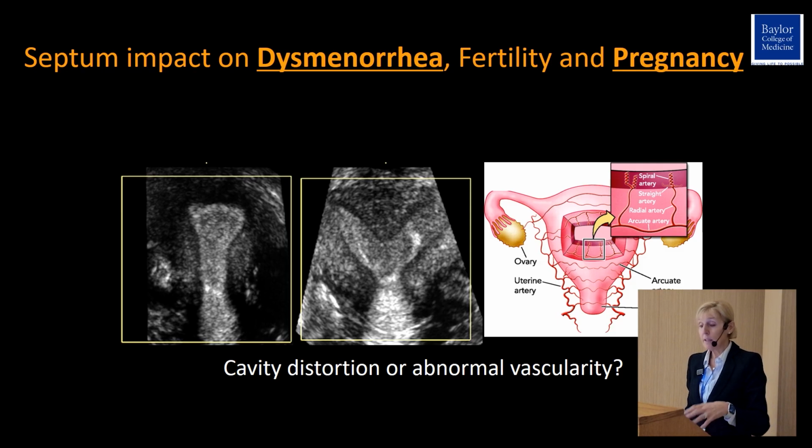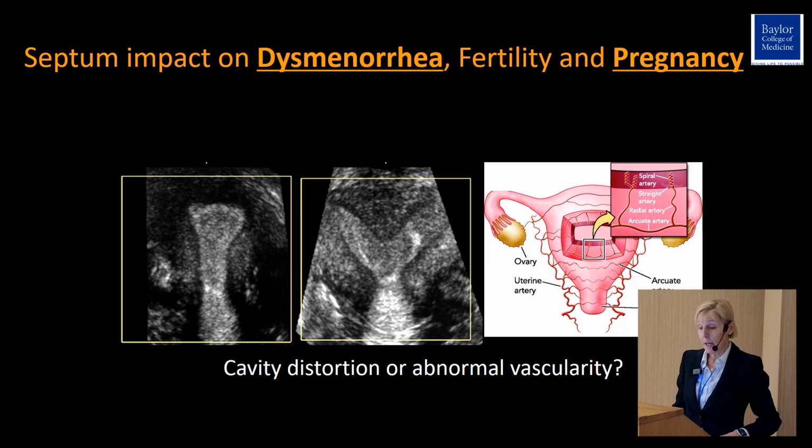That's why typically pregnancies in septate uteri end in a miscarriage or early loss, typically around 7 or 8 weeks gestation, which is when the placenta really becomes much more prominent.